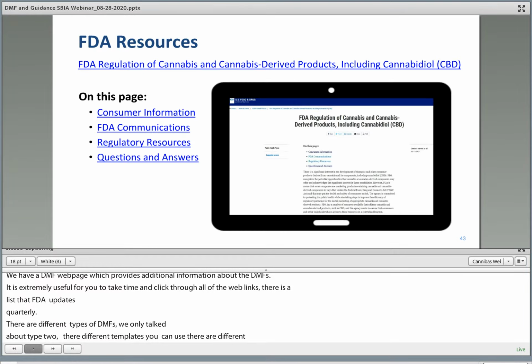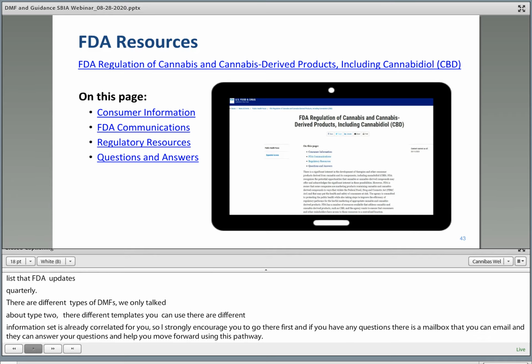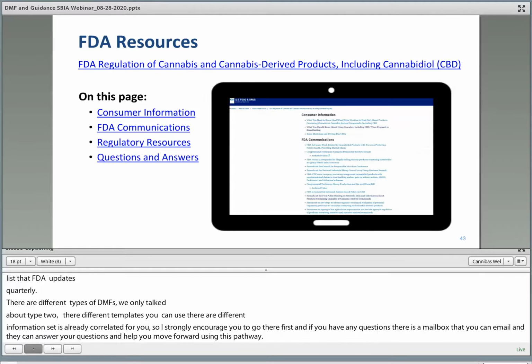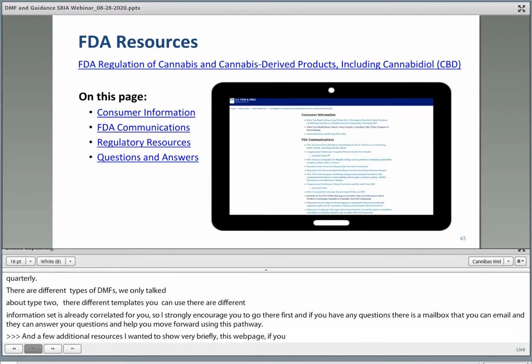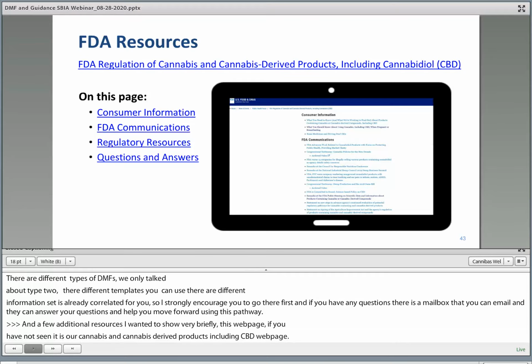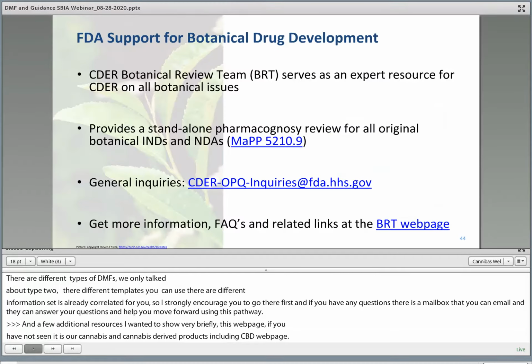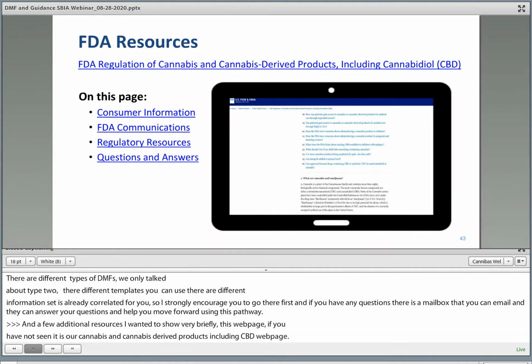And a few additional resources I wanted to show very briefly is this web page. If you haven't seen it, it is our cannabis and cannabis-derived products, including CBD web page. It has 4 main categories: our consumer information, and then we have a lot of FDA communications, as well as our regulatory resources. But the main point is our question and answer section.